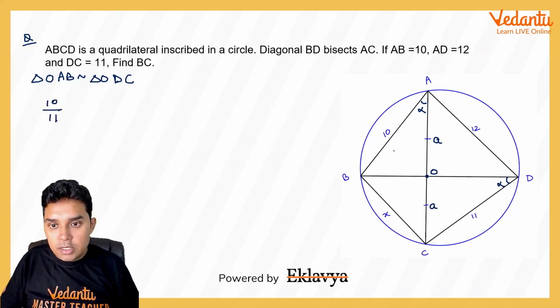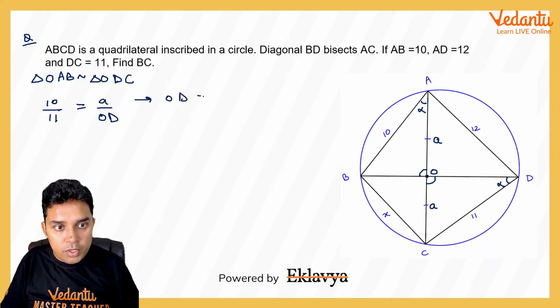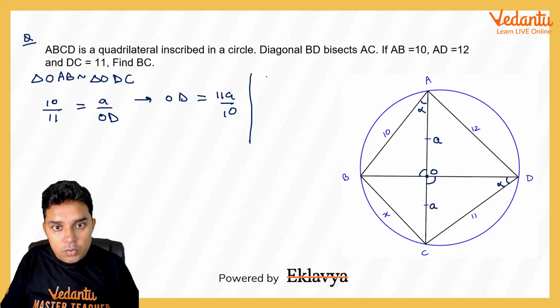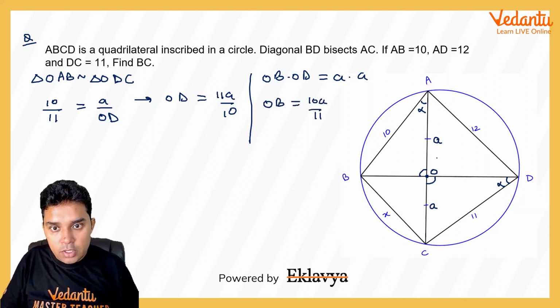You can just compare the sides opposite to these two same angles, 10 upon 11, and this will be equal to A upon, here it is OD. So from this we get OD to be equal to 11A by 10. Now using the power property of this point O, you can see OB into OD will be equal to A into A. So this gives us OB to be equal to 10A upon 11. So this was 11A upon 10. This will be 10A upon 11.